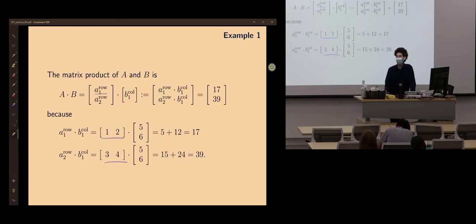We partition B into columns, but it only has one column. It's a vector already. So we get 1 times 5 plus 2 times 6, that's 17. We have 3 times 5 plus 4 times 6. Apparently that's 39.